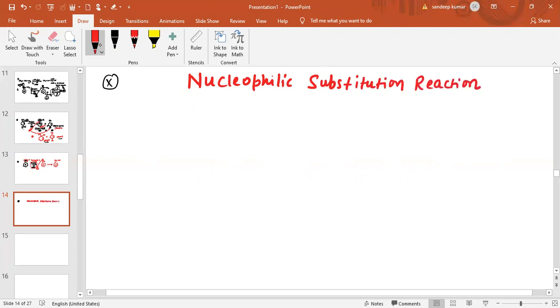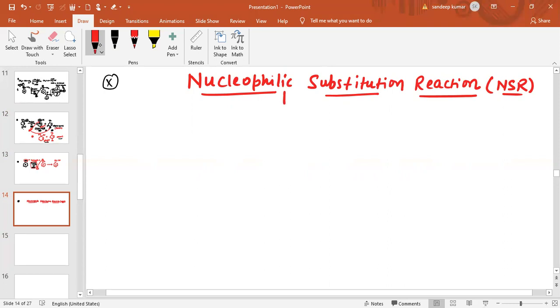We can denote nucleophilic substitution reaction by NSR.